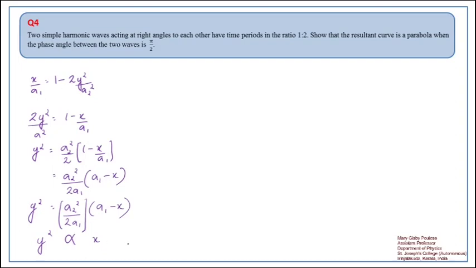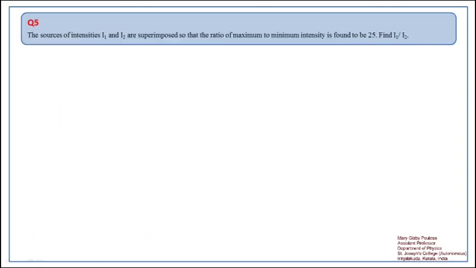Okay. Now in this problem, sources of intensities I1 and I2 are superimposed so that the ratio of maximum to minimum intensity is found to be 25. Find I1 by I2, the ratio of intensities of the two waves. For that we are given Imax by Imin is 25.